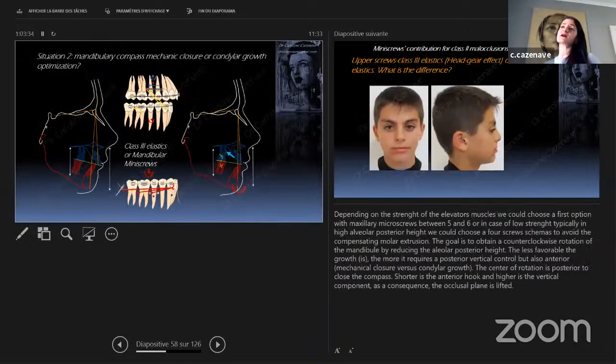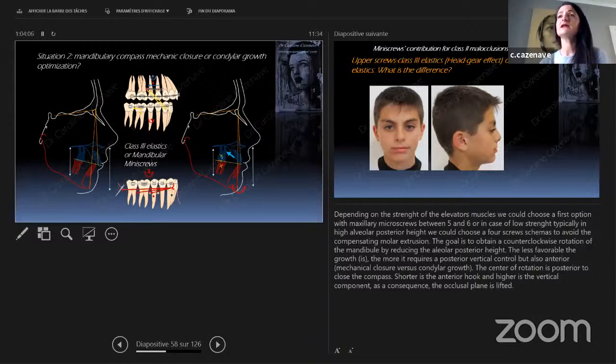Depending on the strength of the elevator muscles, we could choose a first option with maxillary miniscrews between 5 and 6, or in case of low strength, typically in high alveolar posterior height, we could choose a 4-screw schema to avoid the compensating molar extrusion. The goal is to obtain a counterclockwise rotation of the mandible by reducing the alveolar posterior height.